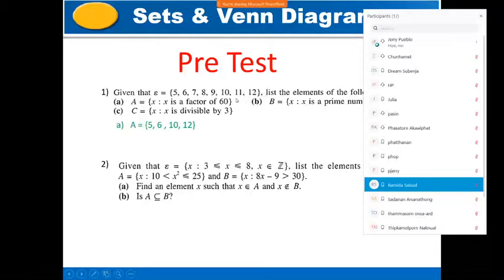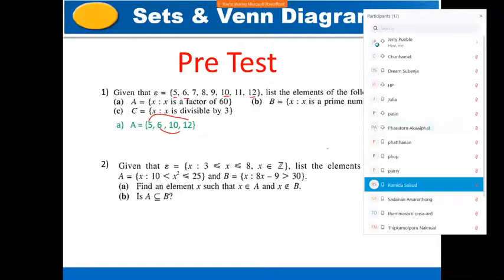And we cannot make a 15 and 4 because there's no 15 in the universal set and there's no 4 also. So what are available factors of 60 are 5, 6, 10, and 12, because 5 times 12 is 60 and 6 times 10 is 60, and we can find 5, 6, 10, and 12 in the universal set.